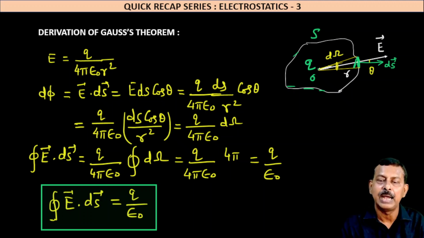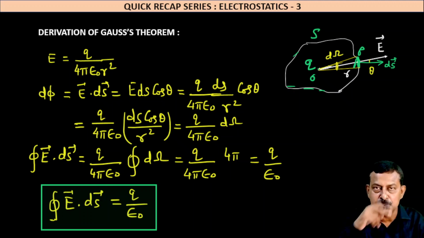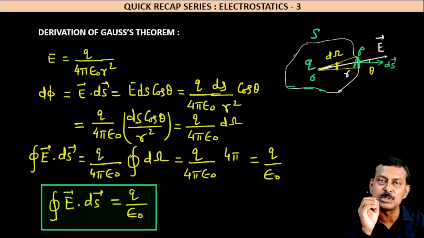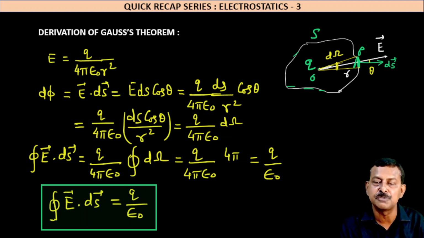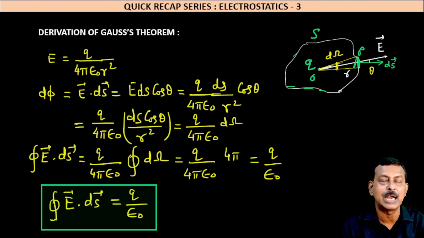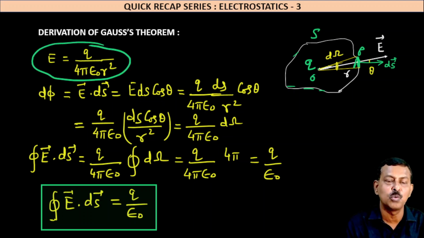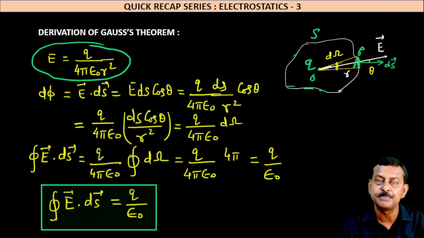Now we take one point P. Suppose point P is on this particular surface, and ds represents an elementary area about the point P. So this ds vector is the elementary area about the point P. If the electric field at the point P is vector E, and the point P is at a distance r, obviously we can write the electric field as q by 4 pi epsilon naught r square. This is the electric field at the point P.